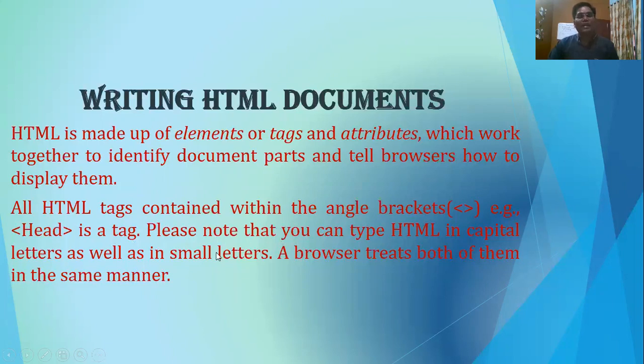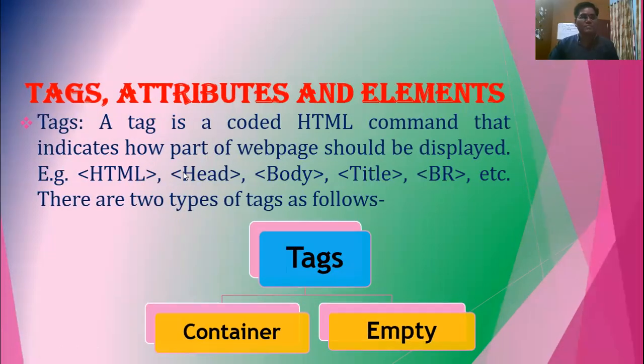Please note that you can type HTML in capital letters as well as in small letters, because HTML is not case sensitive. A browser treats both of them in the same manner.